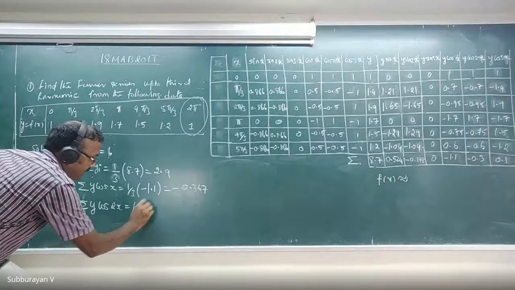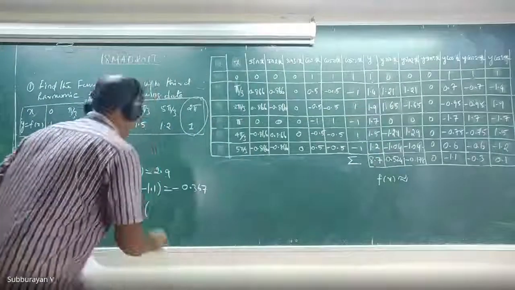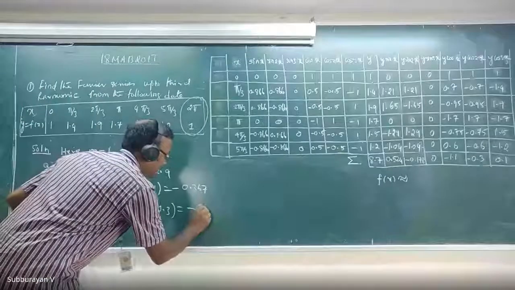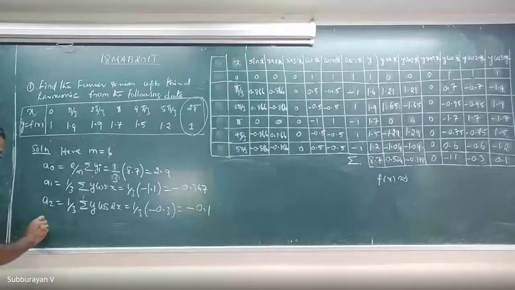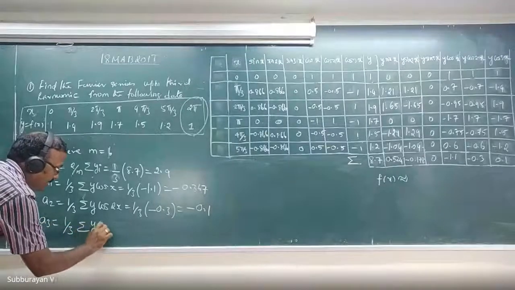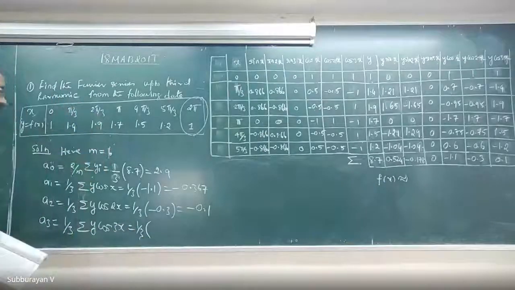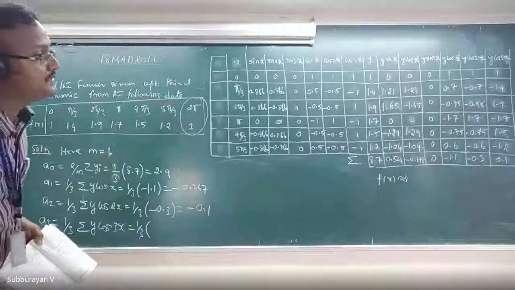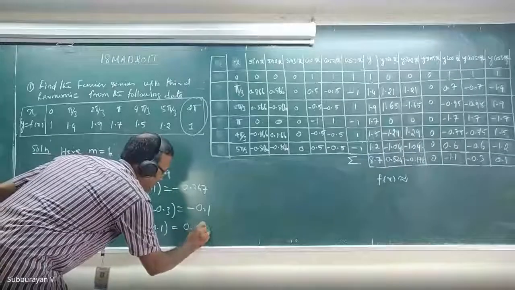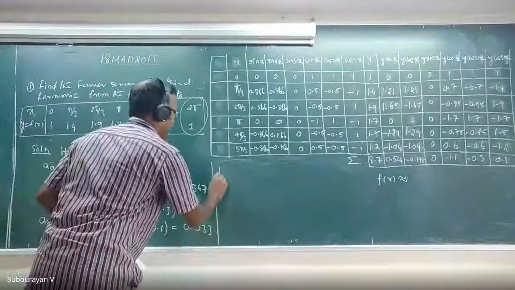This is 1 by 3 into minus 0.3, therefore minus 0.1. And a3 is 1 by 3 into summation y cos 3x, which is 1 by 3 into 0.1, therefore this is 0.033.